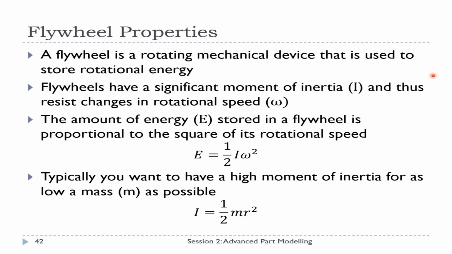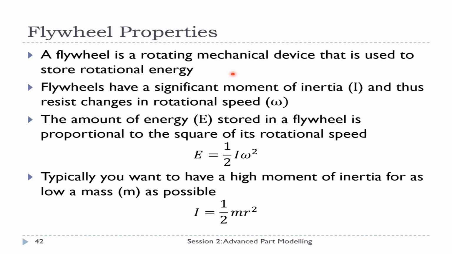So using the material properties, now we can start discussing how you can make a flywheel. But before that, let's define what a flywheel is. Effectively, a flywheel is a rotating mechanical device that's used to store rotational energy.